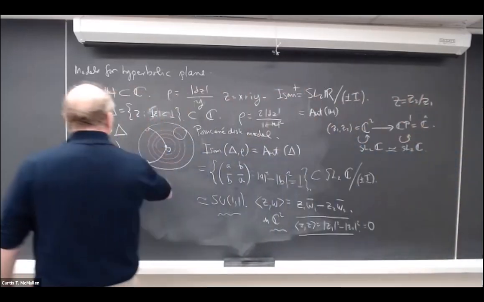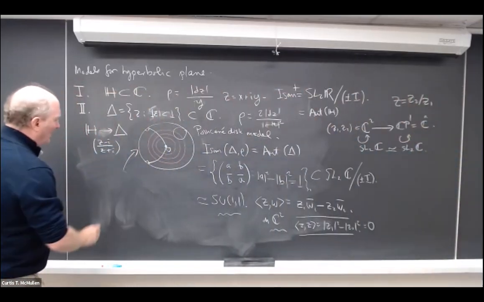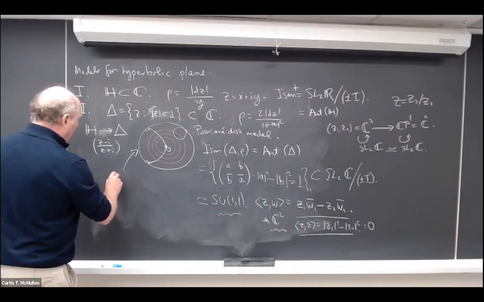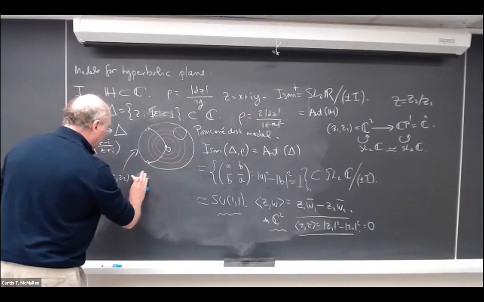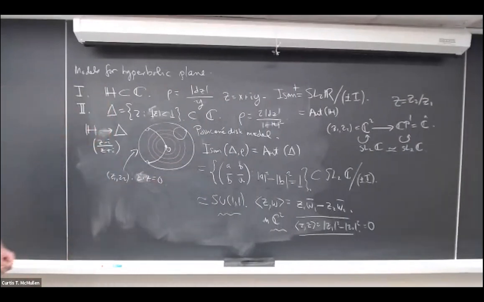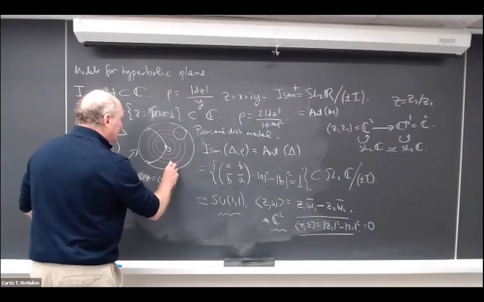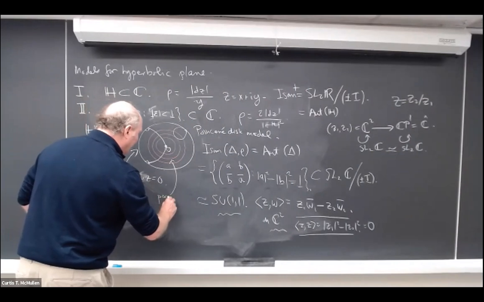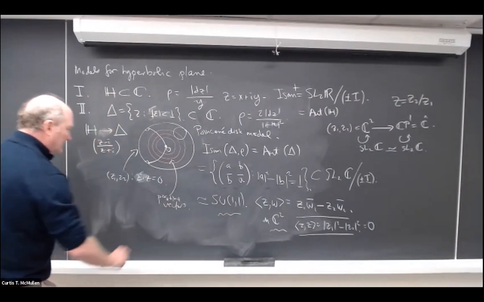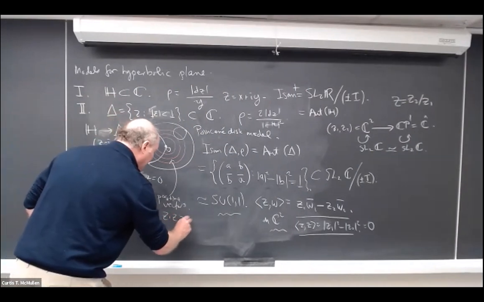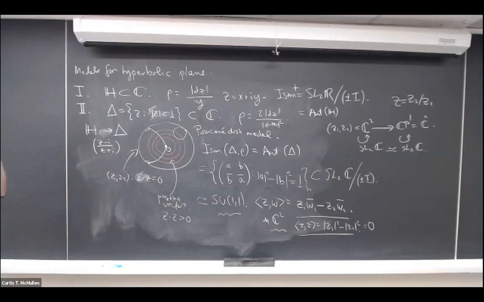So in fact, the unit circle corresponds to the vectors Z1, Z2 such that Z dot Z is equal to 0. And indeed, the unit disk itself corresponds to the positive vectors, that is the vectors such that Z dot Z is positive, and the outside corresponds to the negative vectors.